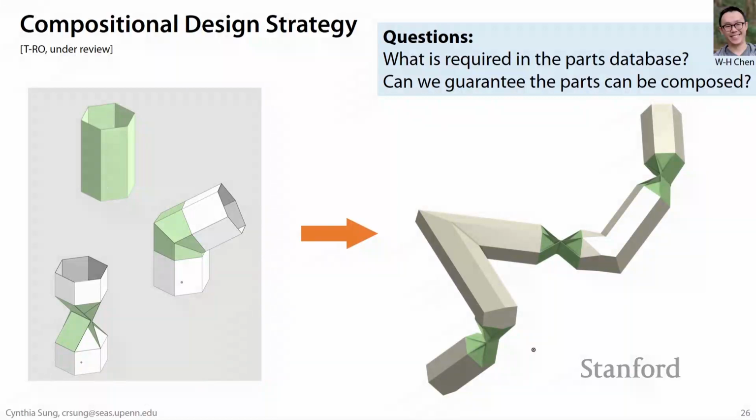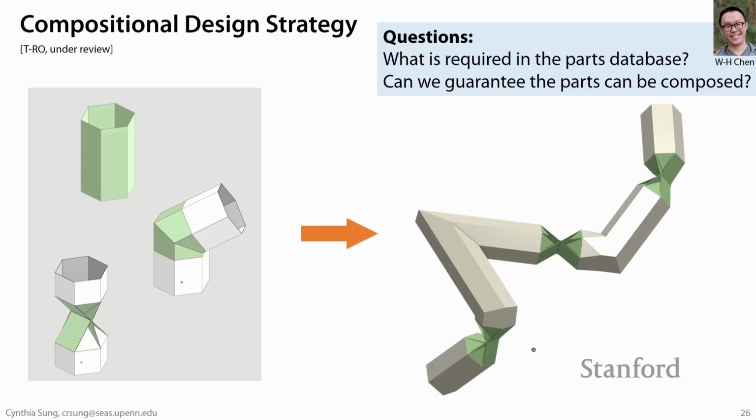What's really interesting about this problem is that because we're taking a modular approach, we can divide it into two parts. The first part is: what is required in the database? In addition to the bellows that I showed you in the previous section, what other additional parts do we actually need?